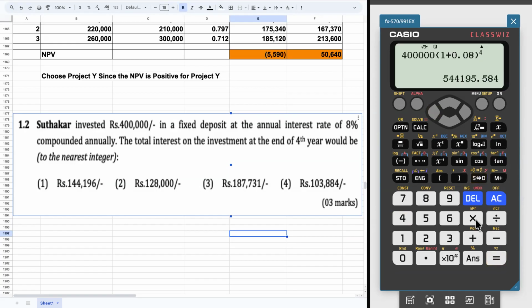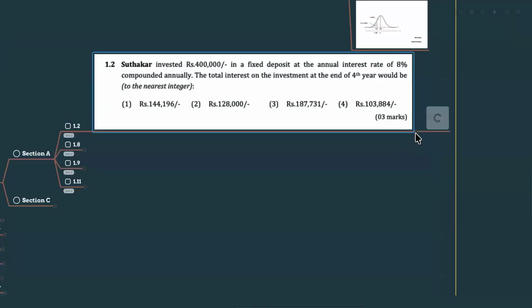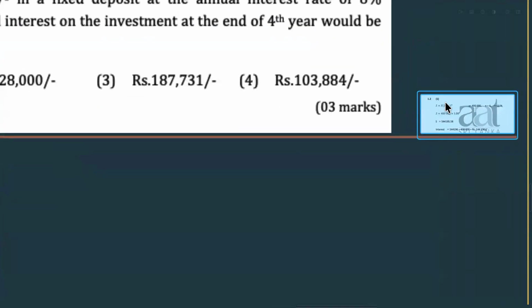Okay. And to find out the total interest, we have to remove this 400,000. 1,44,195.5. So we can write it down as 1,44,196. That's the first option, right? Yes, the first option is the answer.